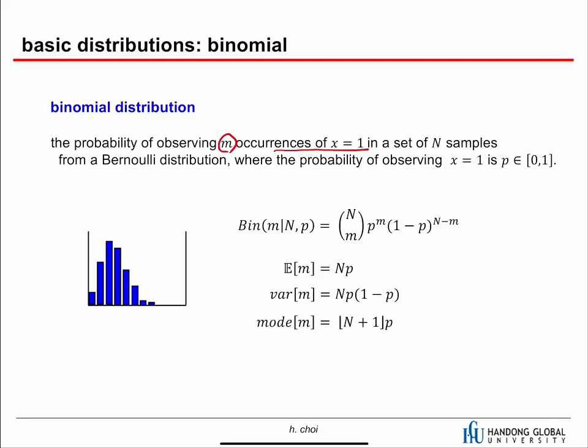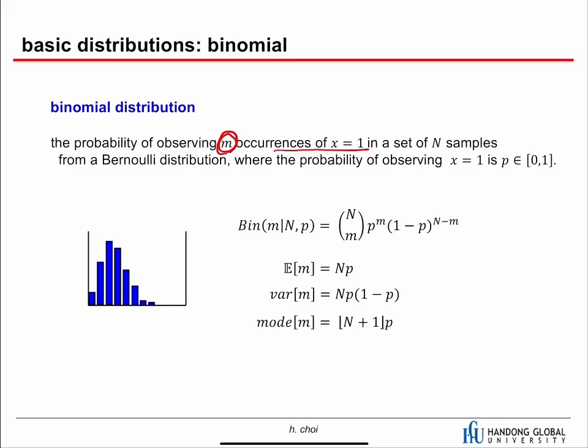It's basically based on the Bernoulli distribution, but it tosses n times, and then we are interested in the probability of how many times we get head. So what is the probability that we get m times head? Okay.